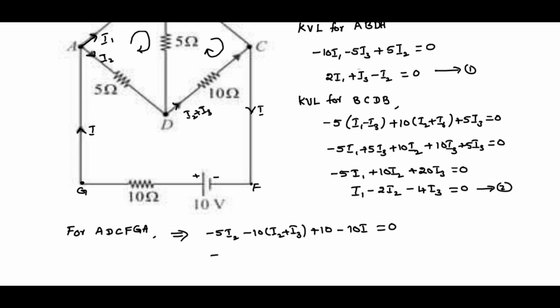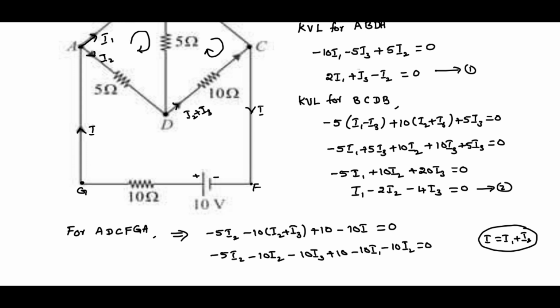And this, minus 5 I2 minus 10 I2 minus 10 I3 plus 10 minus 10 into I. The value of I is nothing but I1 plus I2. I is equal to I1 plus I2. So I am using this one here: minus 10 I1 minus 10 I2 is equal to 0.